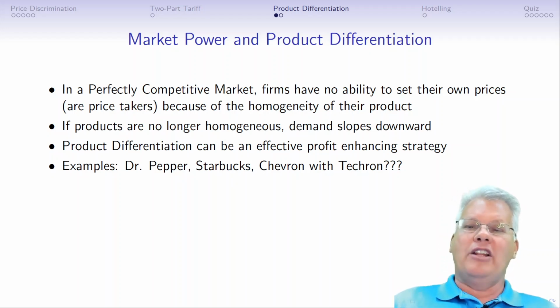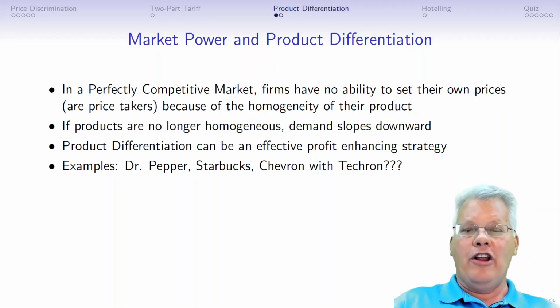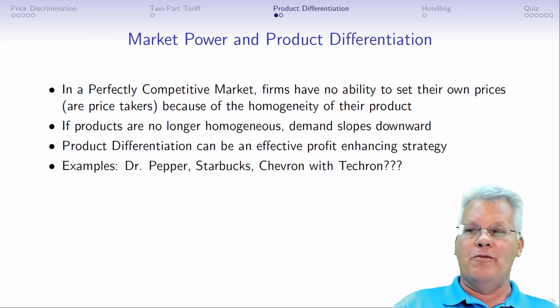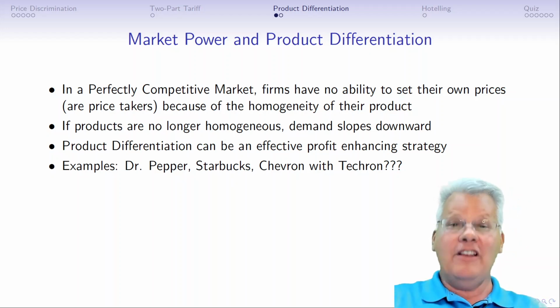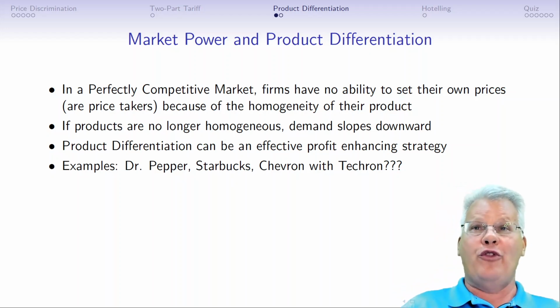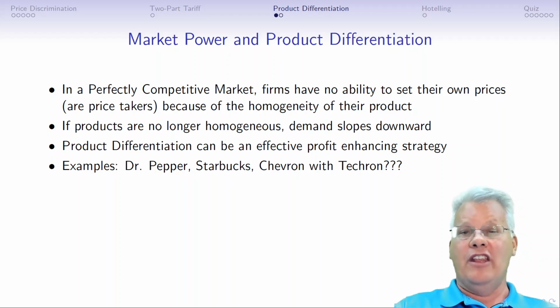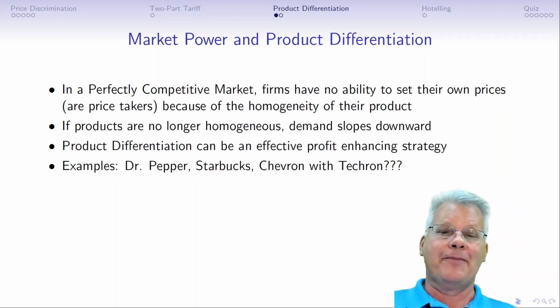So product differentiation can be a very effective way for firms to enhance their profit. To the extent that they can convince you their product really is different, that gives the firm the ability to charge higher than marginal cost pricing.